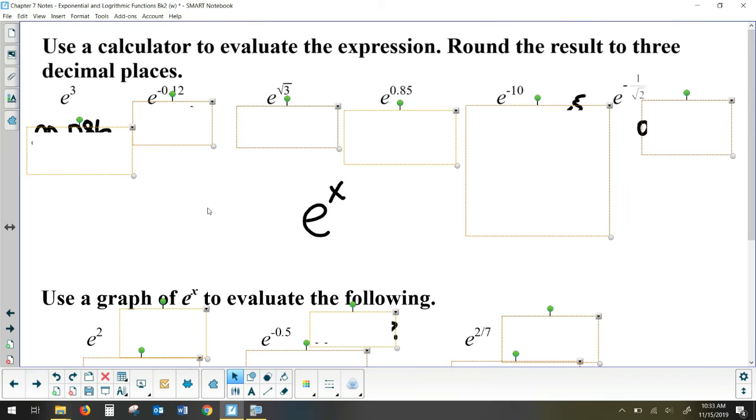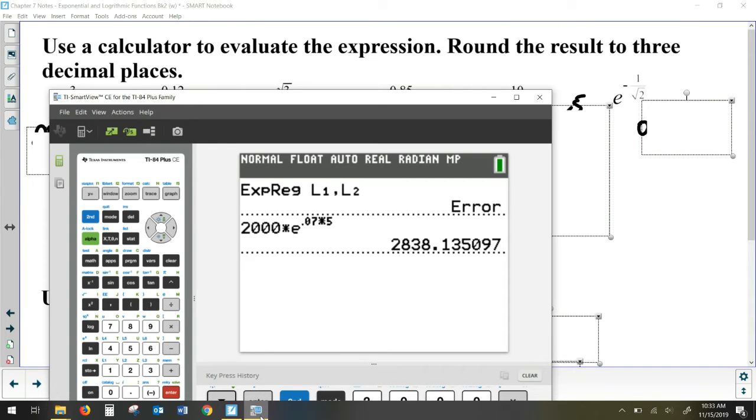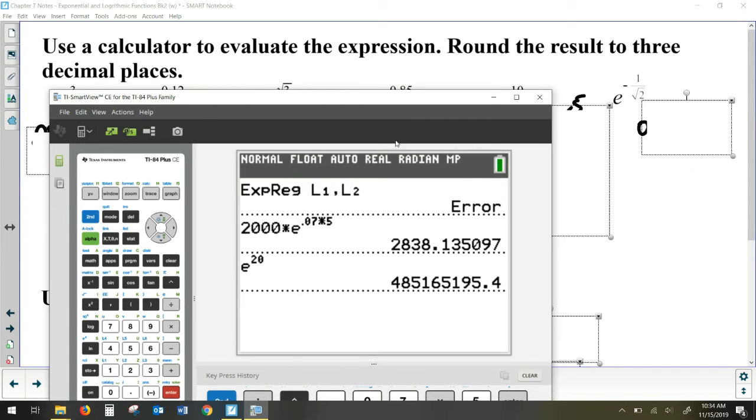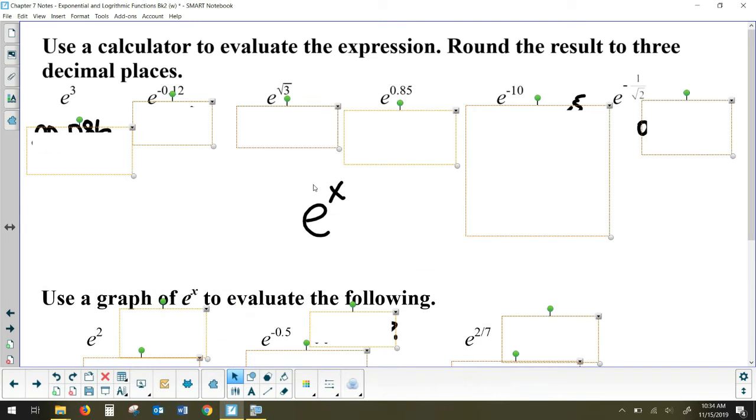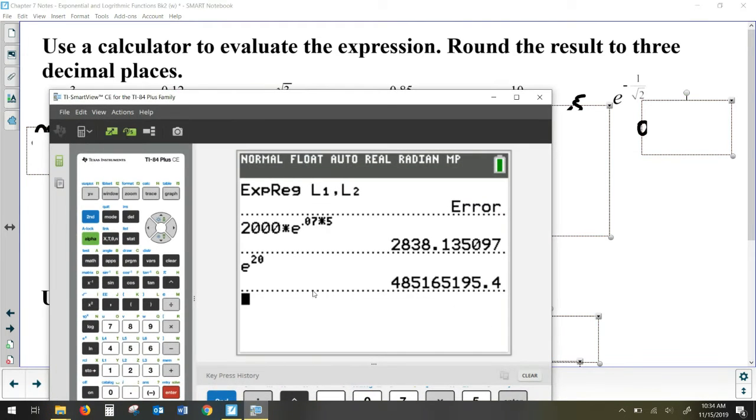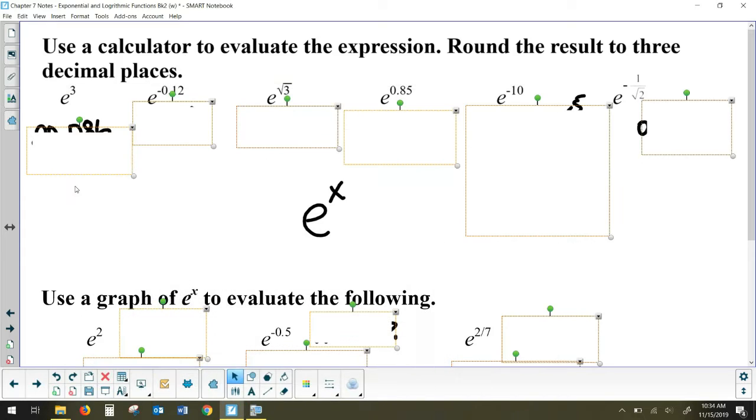Fabulous. All right, typing these in your calculator. You just are taking that second e to the power of 20. And you're gonna round. Oh, why did I type in 20? Wow, my bad. To the power of 3 would have been the right way to do that. And you get 20. That's why I'm typing in 20. Okay, so you take a minute and you do that for the next 5.